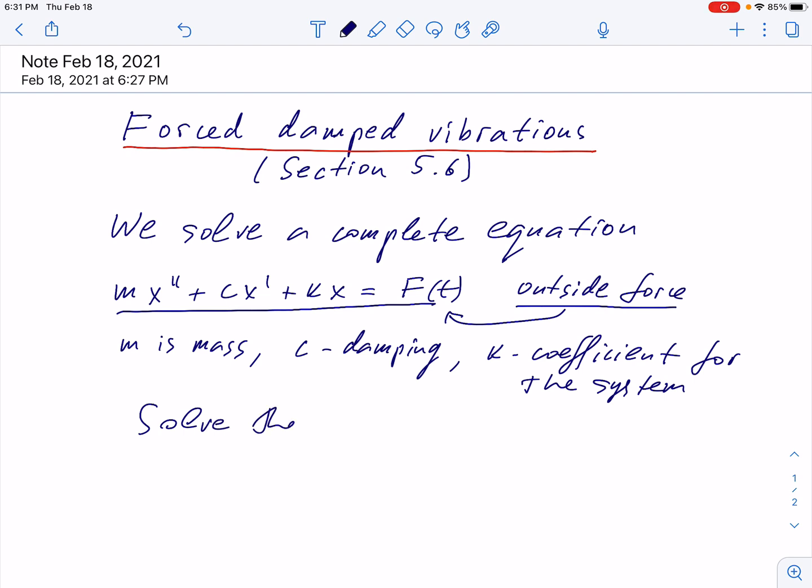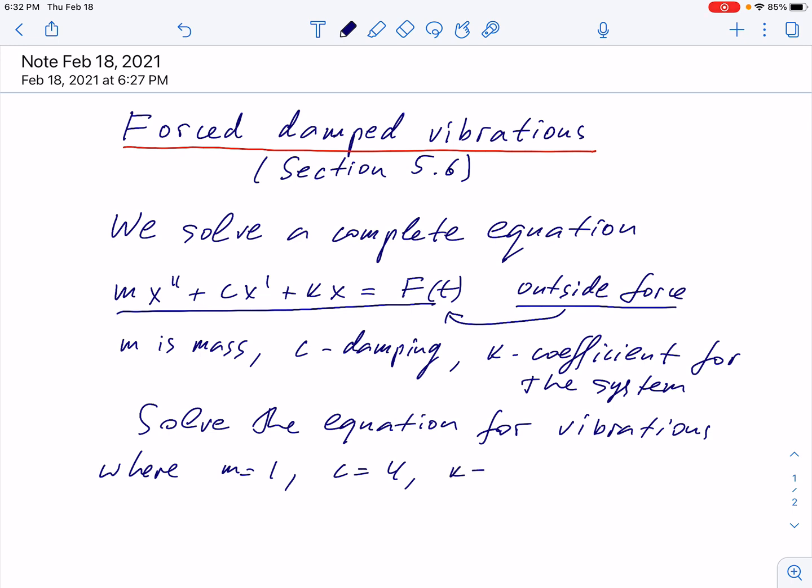Solve the equation for vibrations where the mass is 1, damping is 4, K is 5, this coefficient, and the outside force F(t) is negative 23 cosine 2t minus 11 sine 2t.